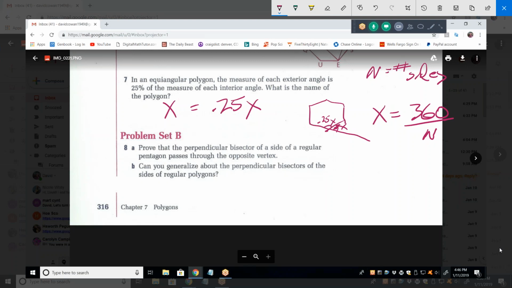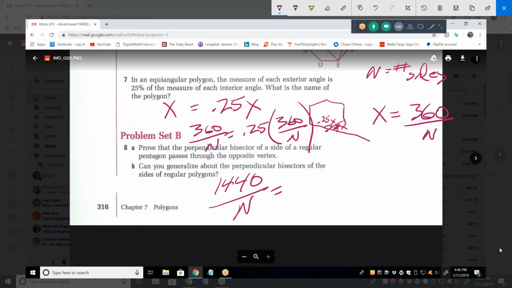On the left side of this equation, we have 360 divided by n. On the right side, we have 0.25 times 360 divided by n. Multiply both sides by 4, and you have 1440 divided by n equals 360 divided by n.